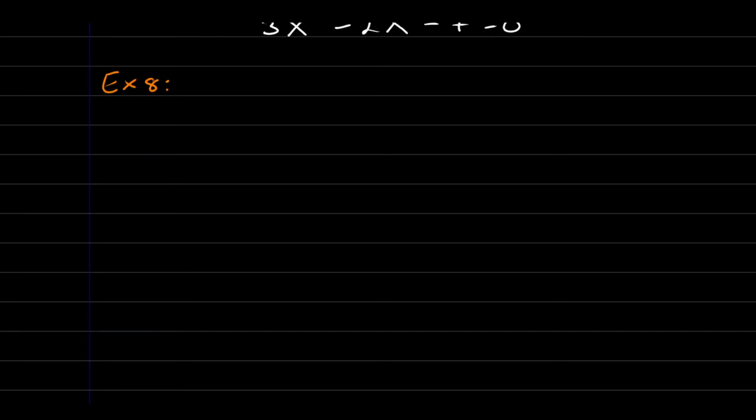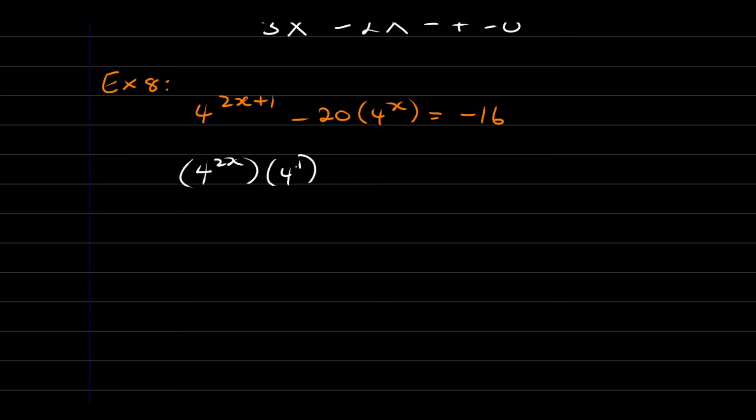Let's go to number 8. Number 8 is 4 to the power of 2x plus 1 minus 20 into 4 to the x equal to negative 16. So let's rewrite this a little bit. We're going to have 4 to the power of 2x multiplied by 4 to the power of 1. Again, you'll learn this in indices when we start doing the indices laws. So minus 20 into 4 to the power of x equal to negative 16.